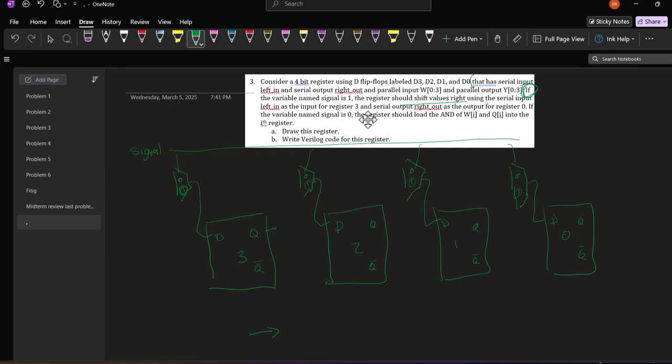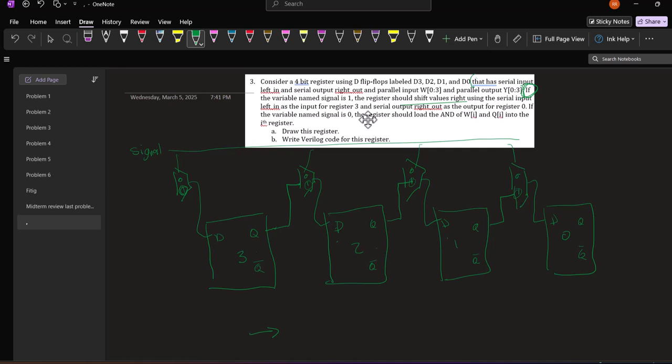We're talking about right now when signal is 1, so it goes into the 1. So shifting to the right, the output from 3 goes to the input to 2. How does it do that? Well, it's only if signal equals 1, so it goes to 1 of the multiplexer. 2 goes to 1. 1 goes to 0.